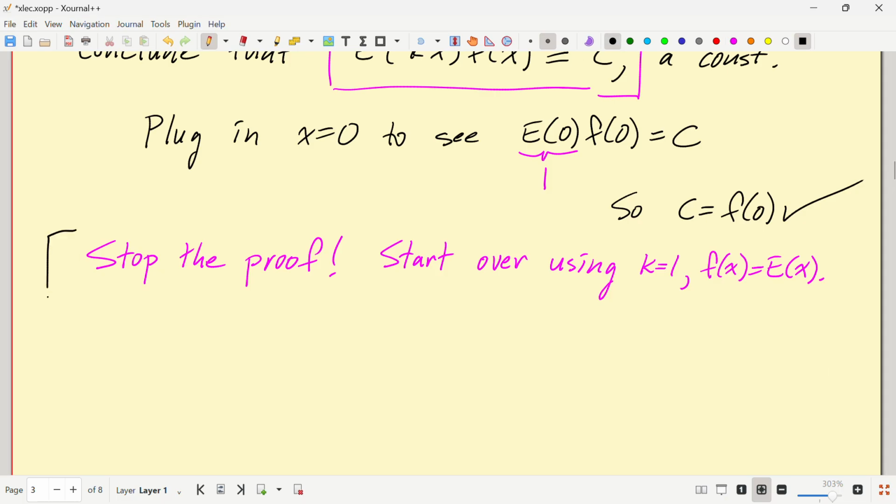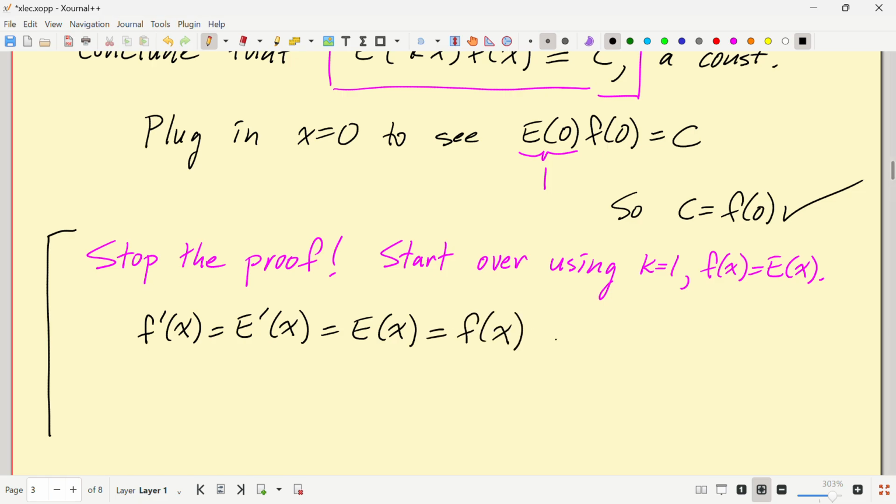This time I would have f prime of x equals e prime of x equals e of x. We know that, and that's f of x. So it satisfies the hypothesis of the lemma. And f of 0 is e of 0, which is 1. So the c that I'm going to get is going to be 1.